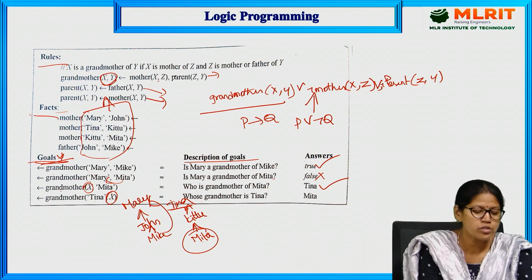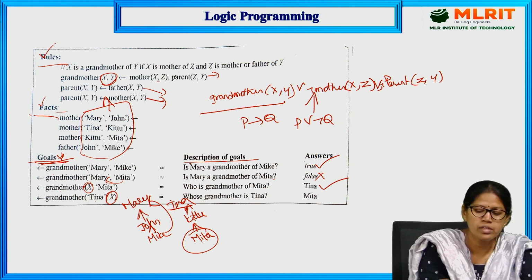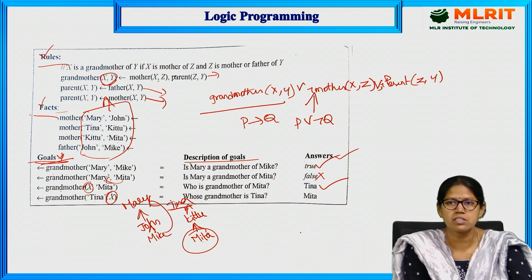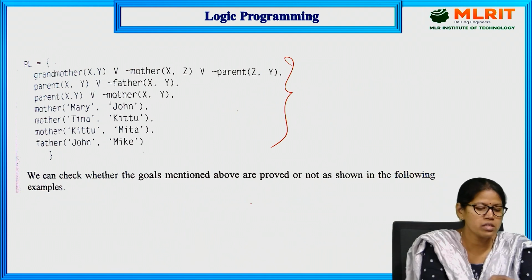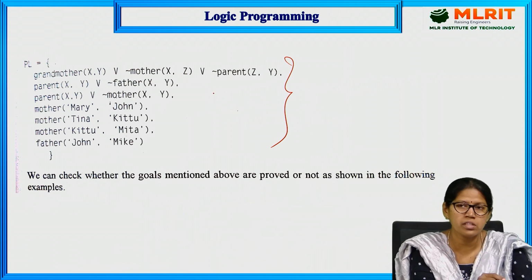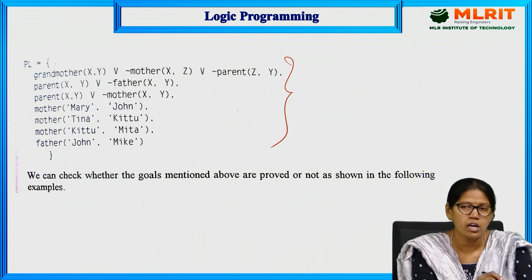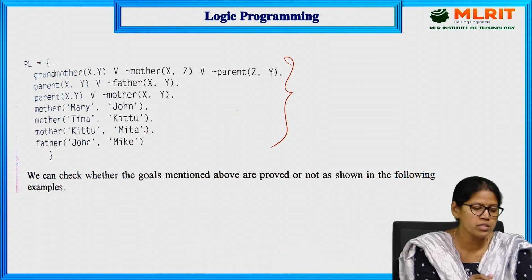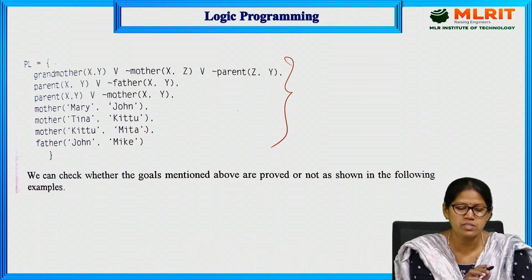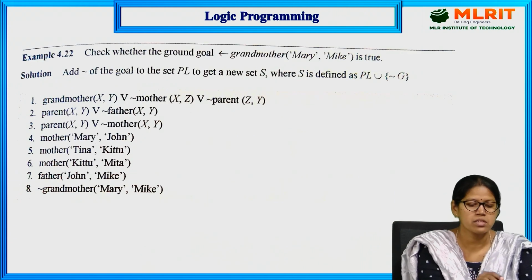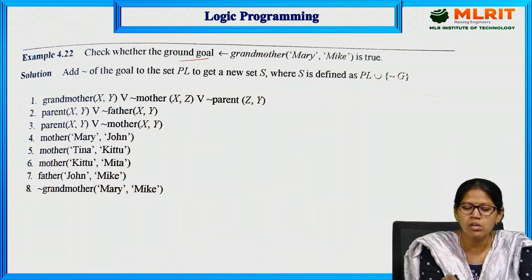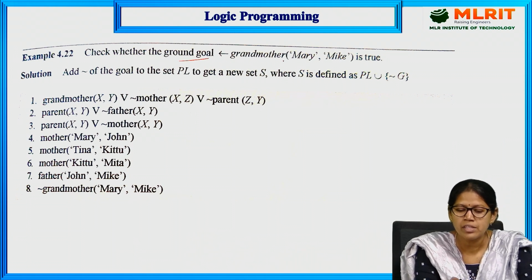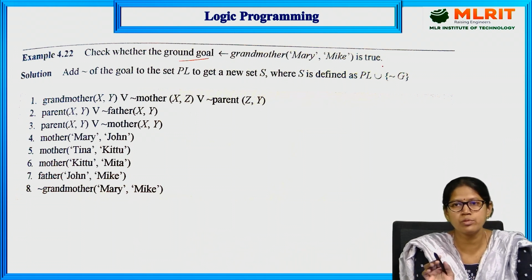Based upon the facts and rules, we will derive the answers. Next, we'll write in this way in the logic programming. After conversion, implication is written with the disjunction symbol. By applying the rule I have already mentioned, P implies Q is equivalent to P or negation Q. Next, check whether the ground goal, grandmother of Mary, Mike, is true or not.